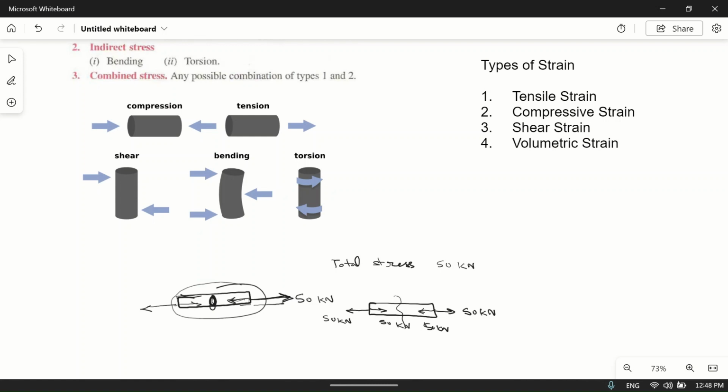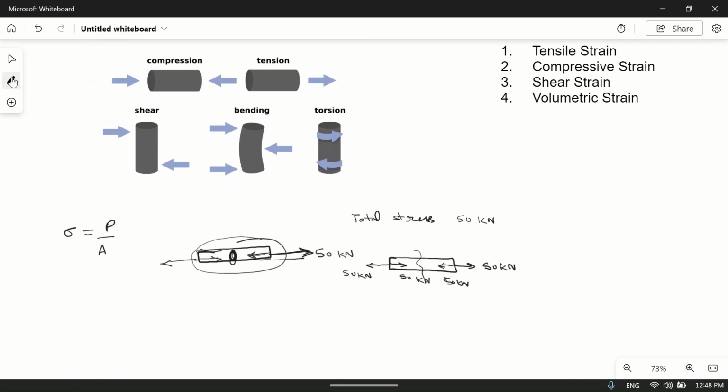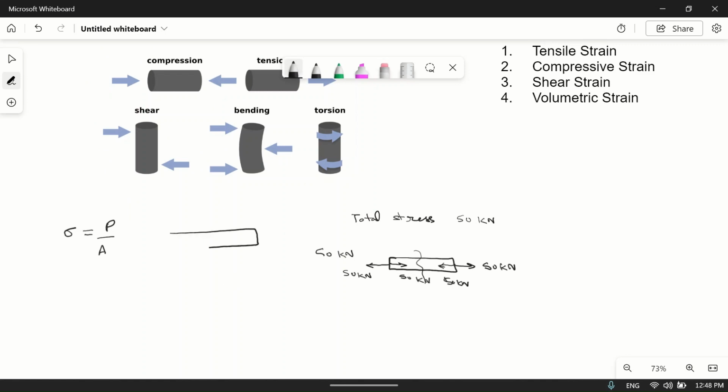Generally we represent stress in the form of unit stress. Suppose sigma is the stress, then it is represented by P by A. Suppose this was a beam or a member, and we are applying a pull of P Newton from one direction, and suppose this is cylindrical.